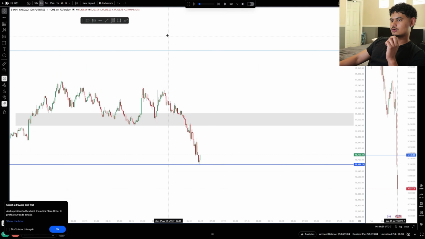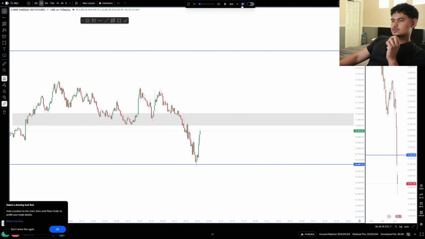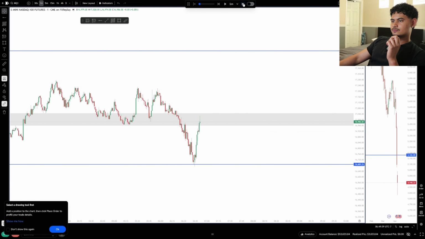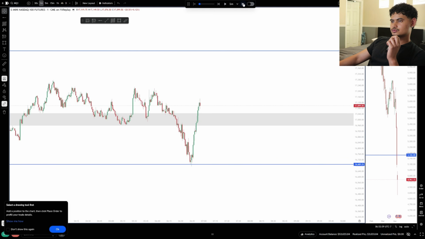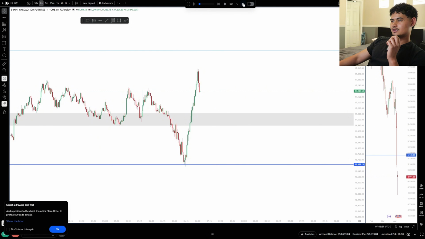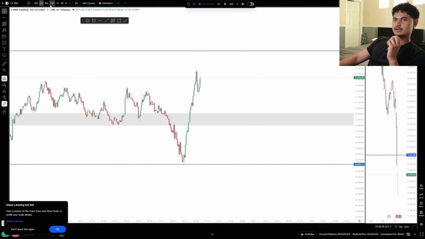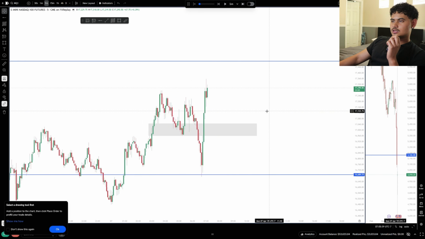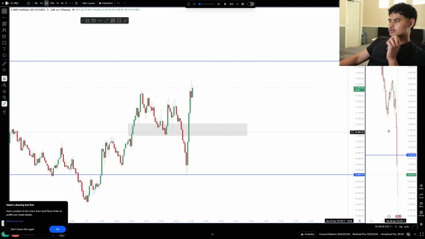Okay, price is still going lower. Okay, now we're getting this placement up. It looks like it wants to fill it, but okay, now we're getting the retrace. This is a nice retrace.